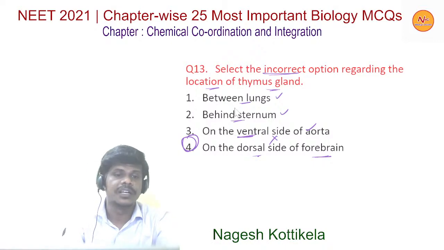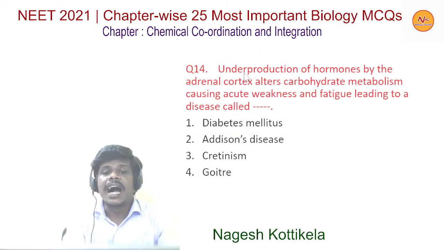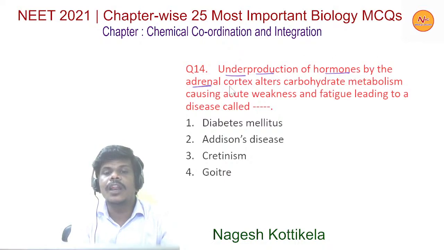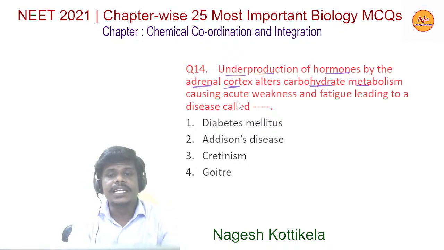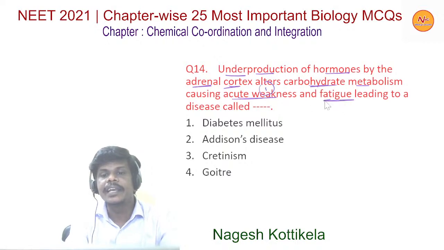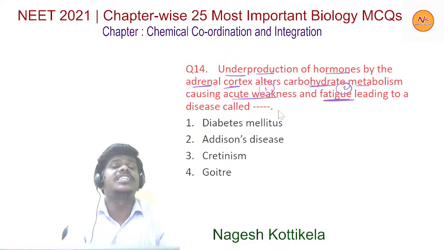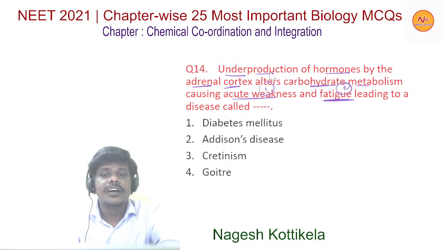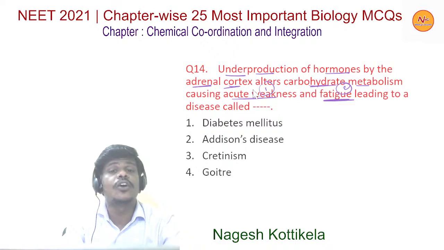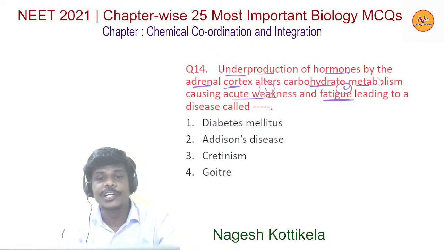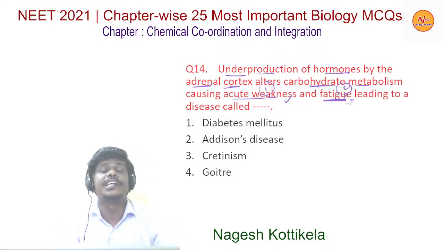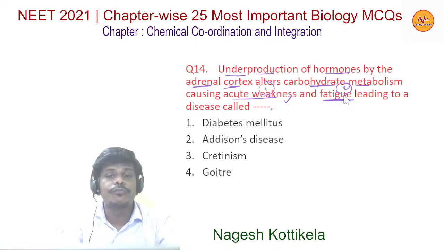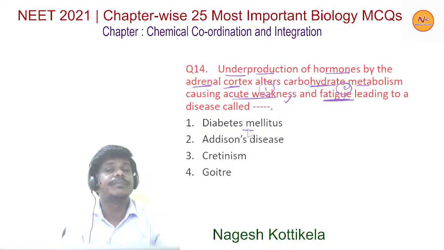So this is wrong. Now, moving to the next question: underproduction of hormones by the adrenal cortex alters carbohydrate metabolism, causing acute weakness and fatigue, leading to a disease called. Option 1, diabetes mellitus.